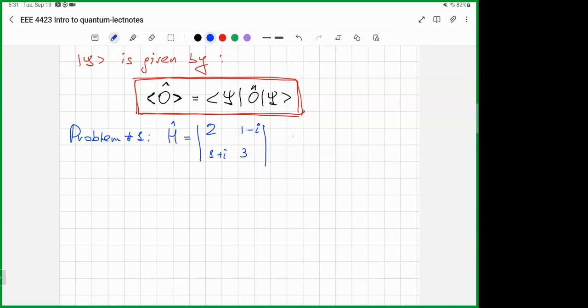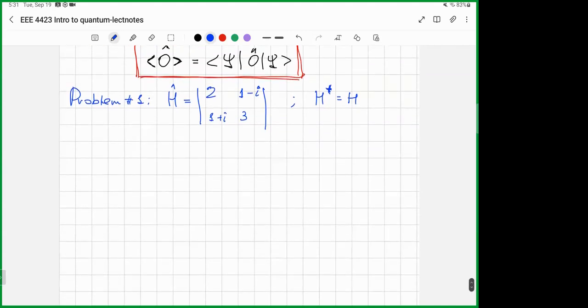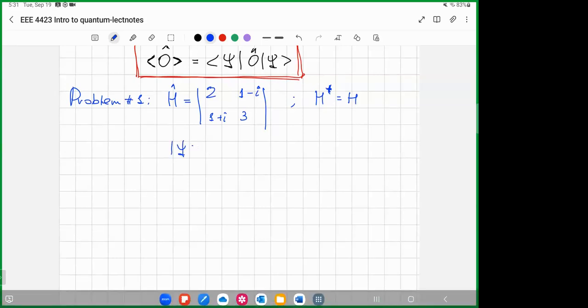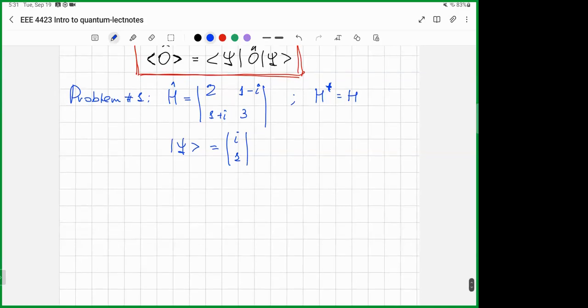Again, I remind you that a Hermitian operator is an operator that doesn't change after Hermitian conjugation. The Hermitian conjugation is transposition and complex conjugation. So this operator is Hermitian. Let me take some state psi, something like this, i and 1.